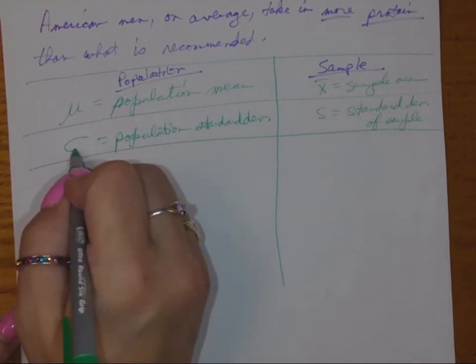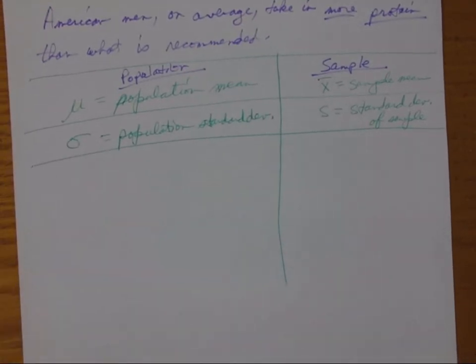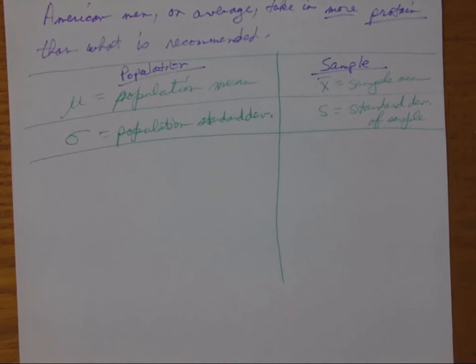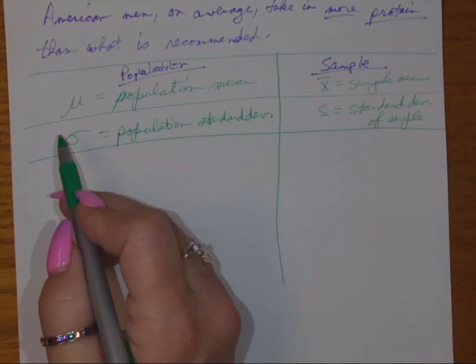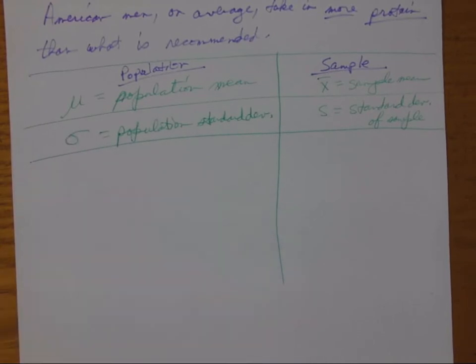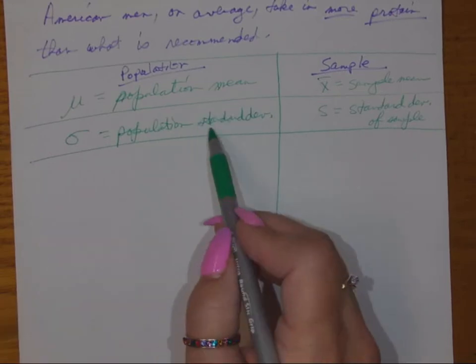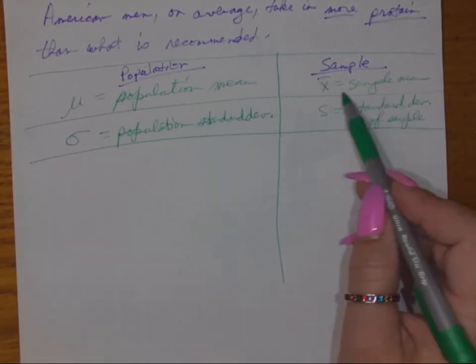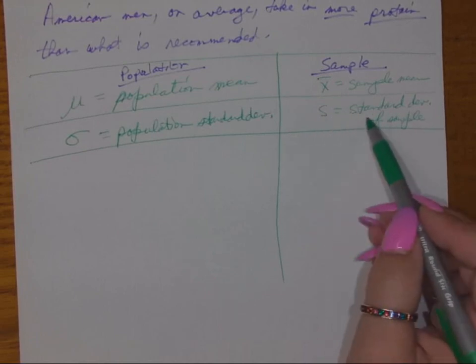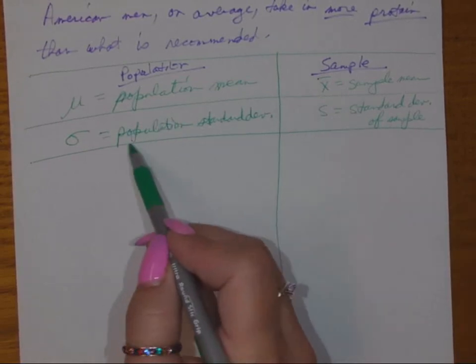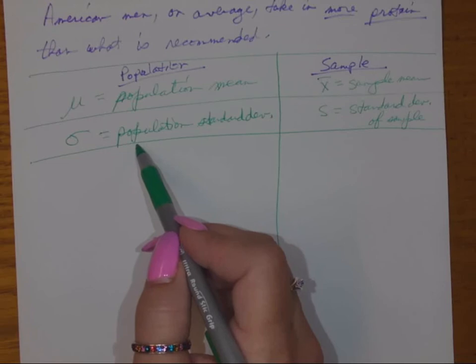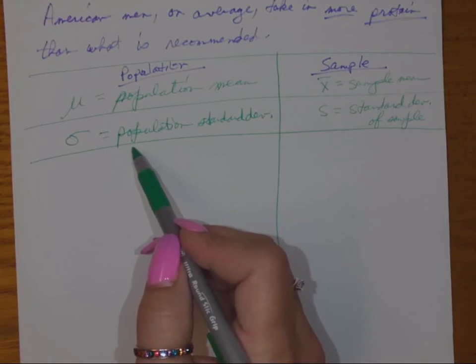Remember, we use the uppercase sigma for summations, that large capital E. But they're using the lowercase sigma that kind of looks like a 6 on its side for the population standard deviation. Okay, and again, there is a process for, if we know the standard deviation, then I can do an error on it and figure out, oh, I think my population standard deviation is somewhere in this interval as well.